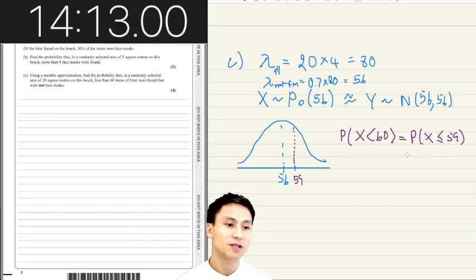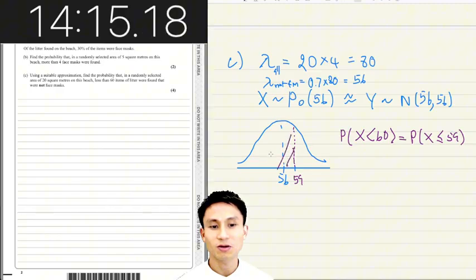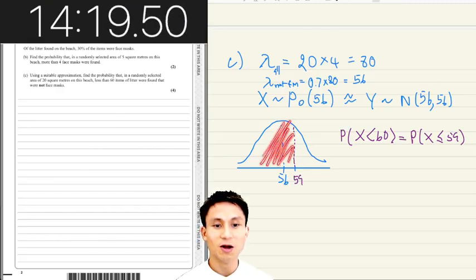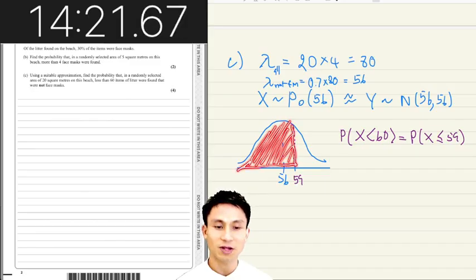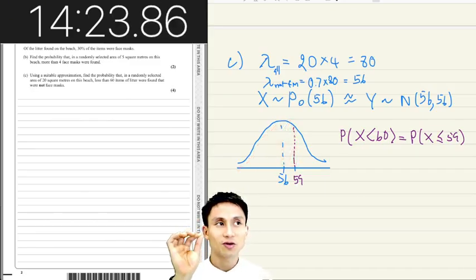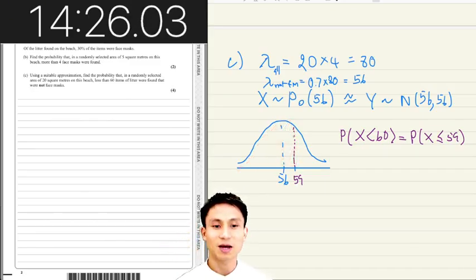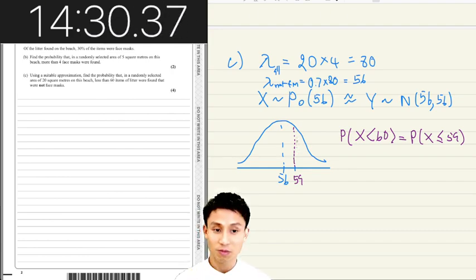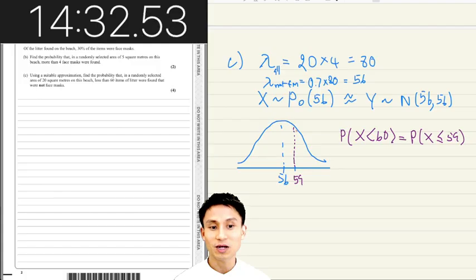Now, once you have this, you try to think a bit about what area you am looking at. It's the area to the left of that. The technique, just to come up with how you deal with the continuity correction, do you add 0.5 or minus 0.5? The result should be such that you get a little more area.